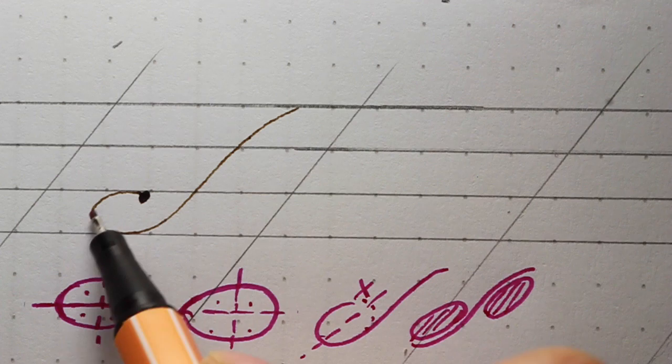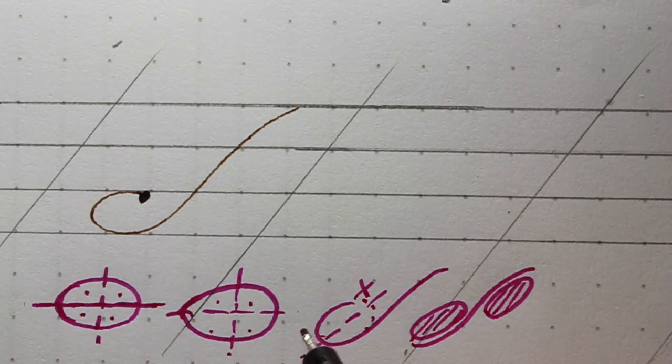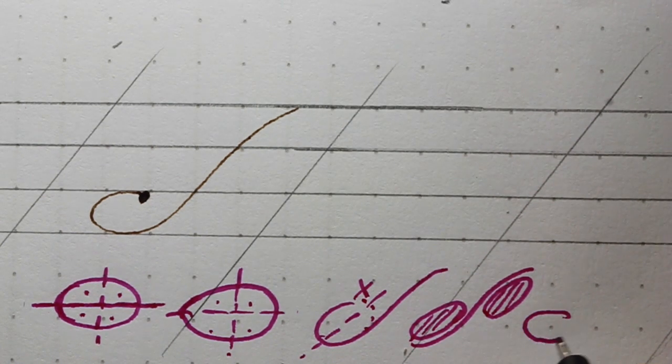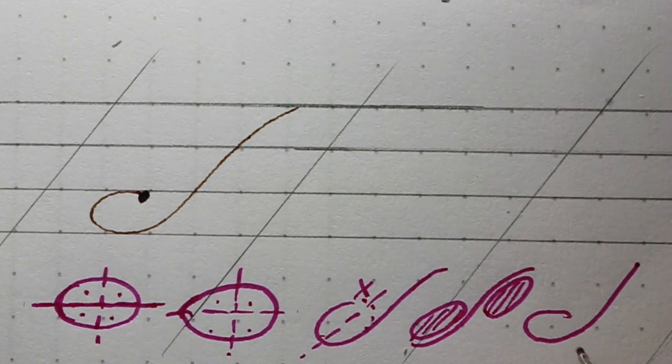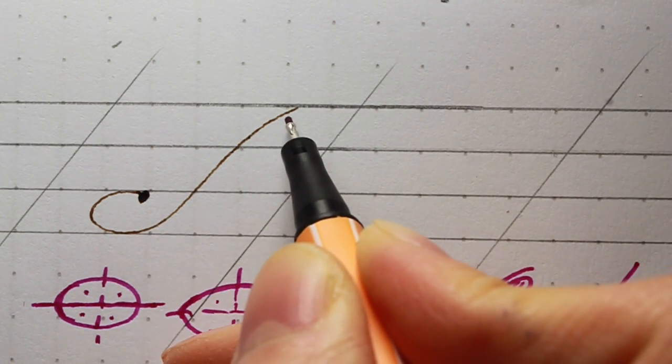You can think of this shape in the letter A as a ladle. So what we do not want is this, which is too straight, so you have nowhere to hold your handle. What we want is this gentle curve that is the compound curve.